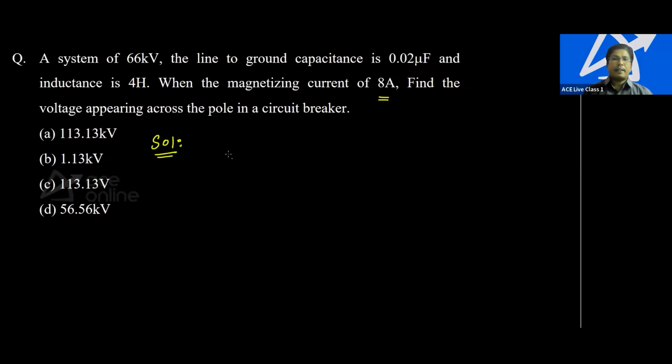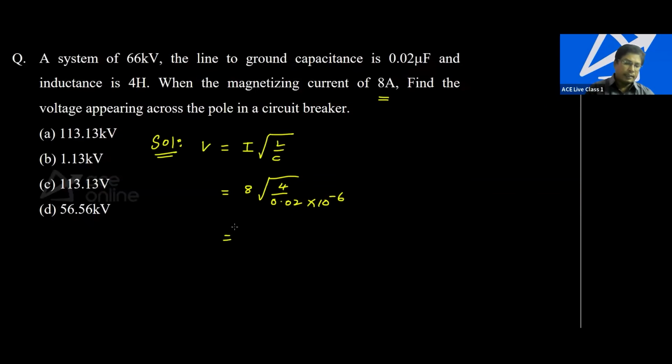What is the voltage across the circuit breaker contacts? The voltage across the circuit breaker contacts is I root of L by C, where I is 8 amperes, L is 4 Henry, divided by C, 0.02 into 10 power minus 6.